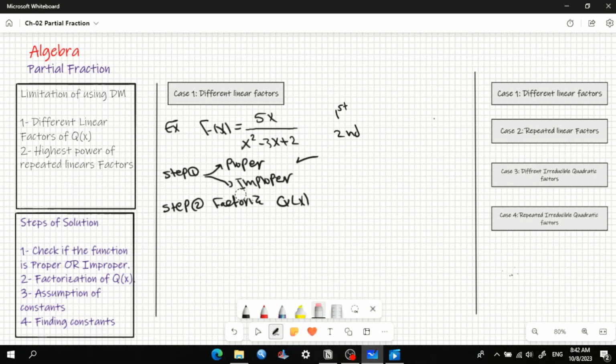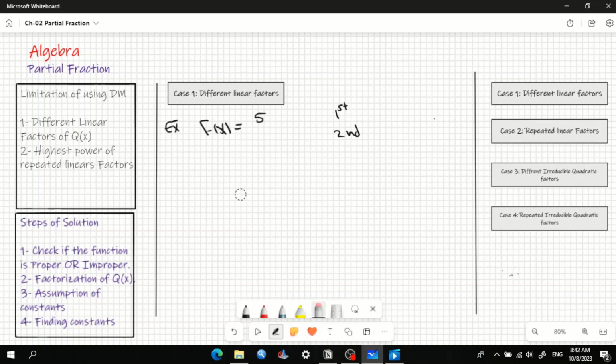Okay, and take our next result. Write that. If we have 12 over x (x minus 1)(x minus 2), let's follow our steps.